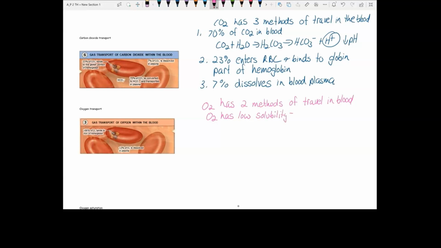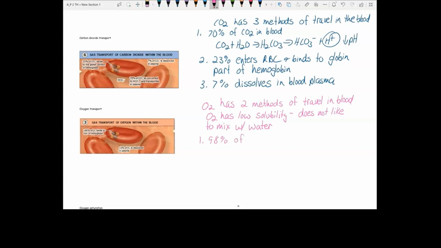This means that it does not like to mix with water. And we know that blood is mostly water.